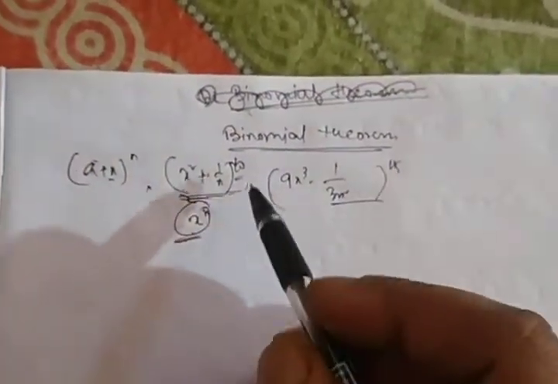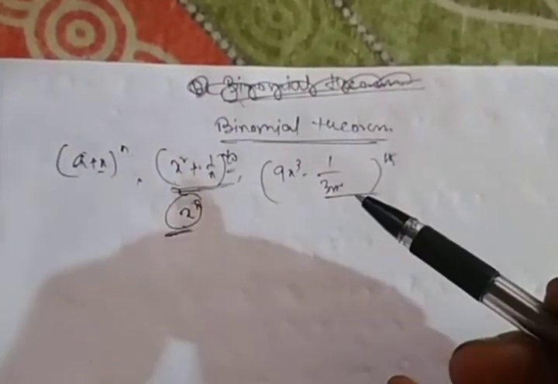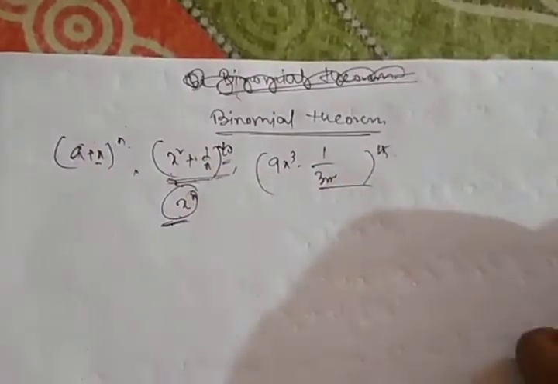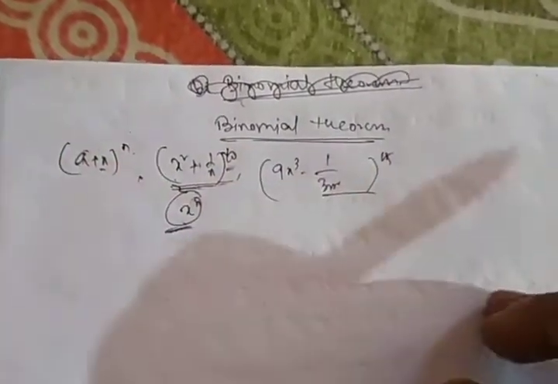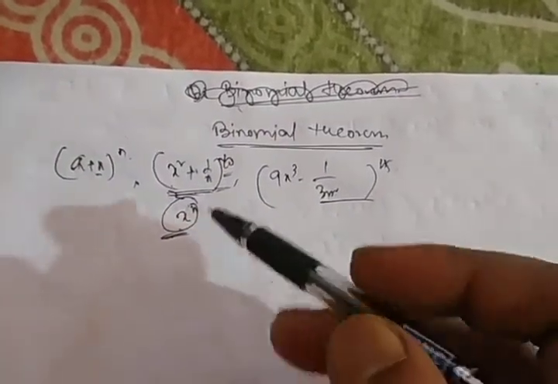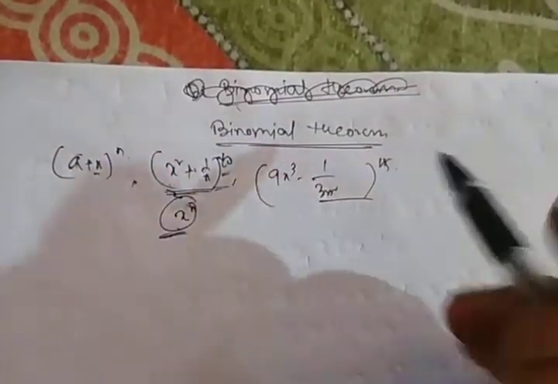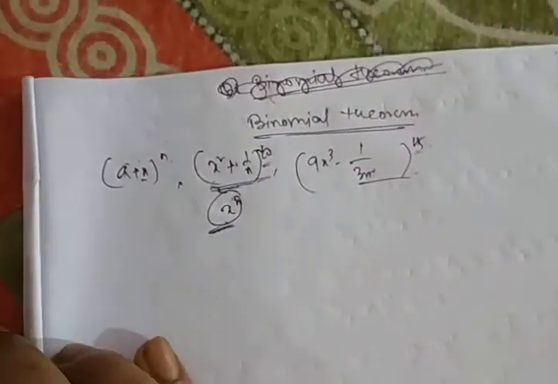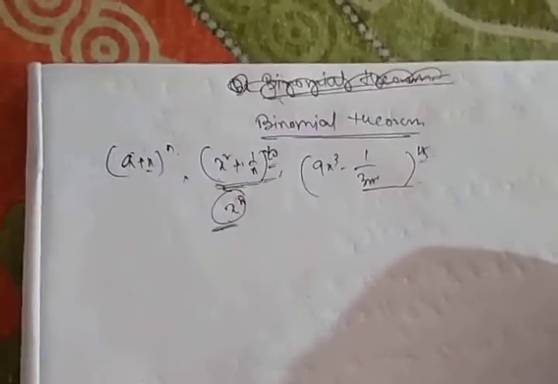Now it may be very difficult, right? We have to calculate 11 terms, then simplify it, then check if it exists or not. And for this case we have to expand and we will get 16 numbers. So there is a simpler process.